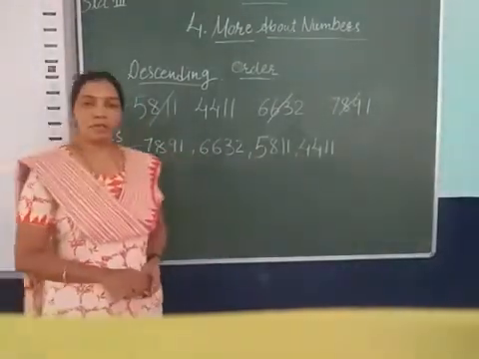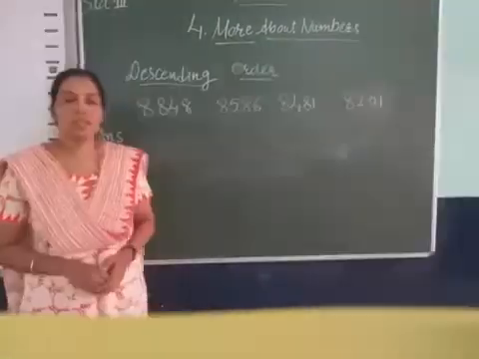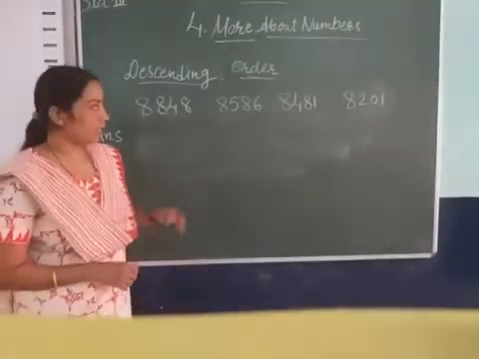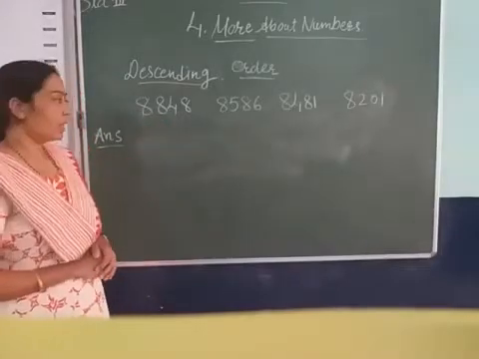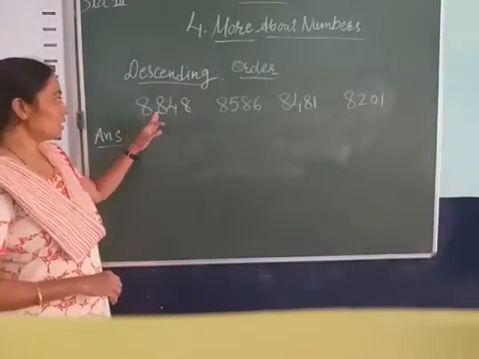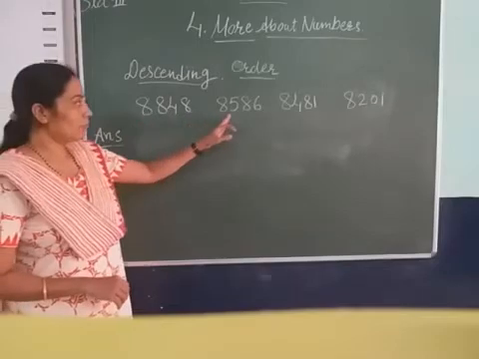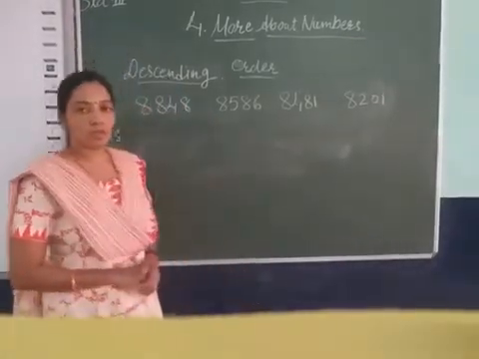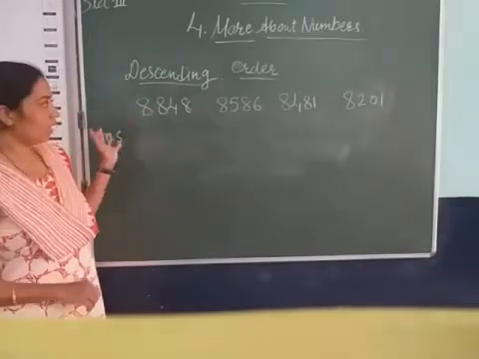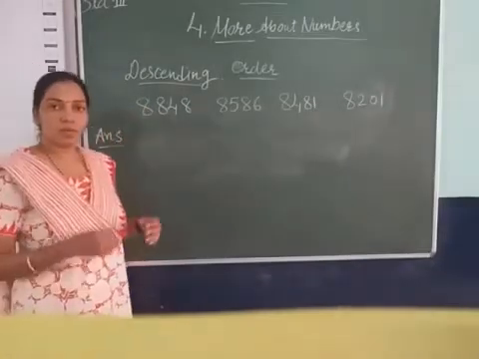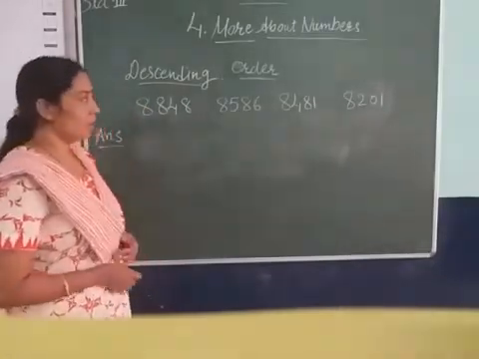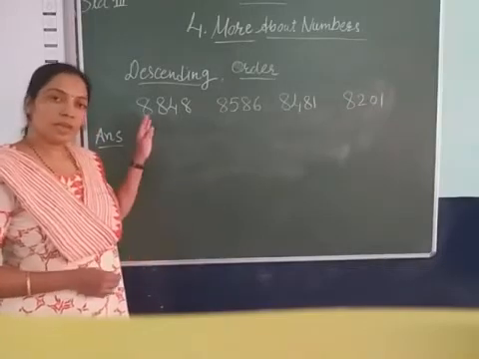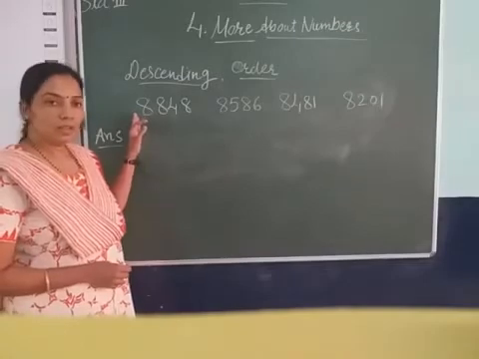Let me see one more example for the descending order. I write here 4 numbers, 4 digits: 8848, 8586, 8481 and 8201. You can see here the 8 is more or less equal, but let me differentiate. How? Let's start from the left side.